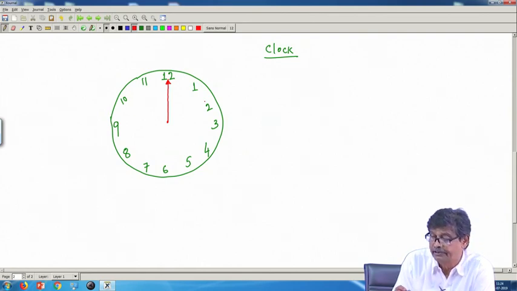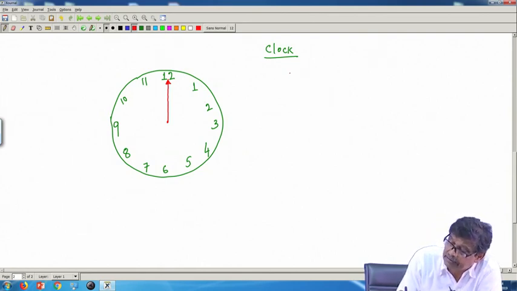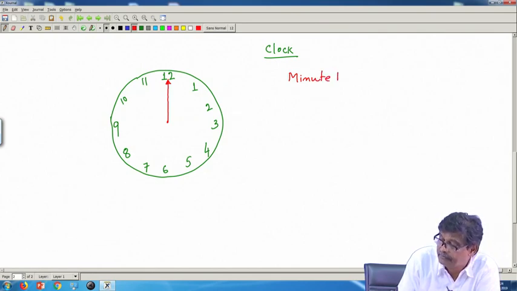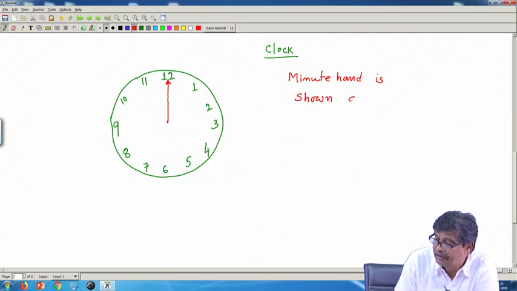Now, what is done is this: the minute hand is shown at 12, always.